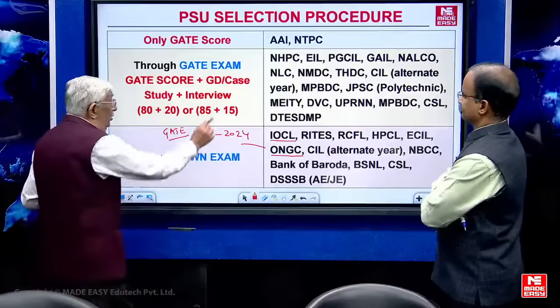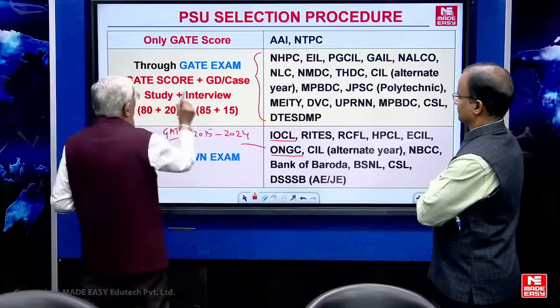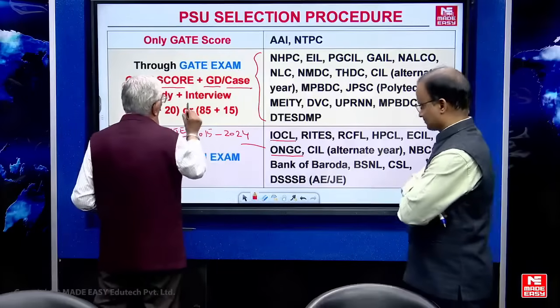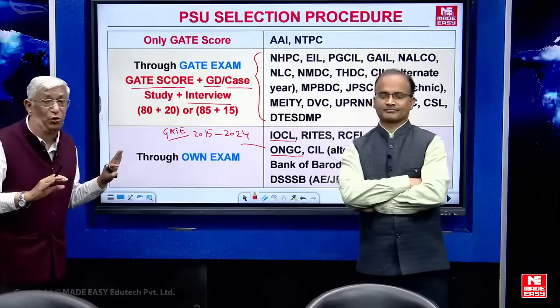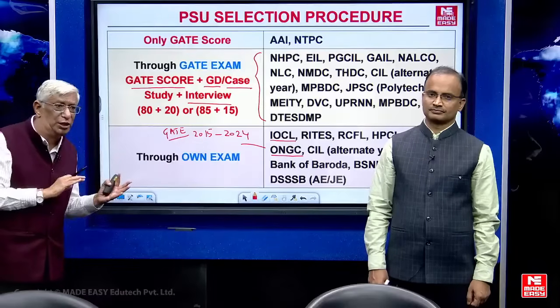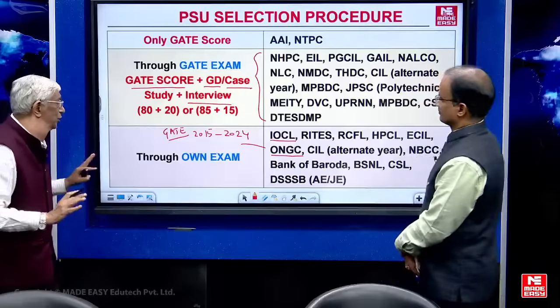Important to see that the PSUs which are listed in this cluster follow GATE score plus GD or case study, followed by an interview. This practice is followed uniformly for all branches. It is not only for EE or ME or CE, it is across the board. It's the same process.